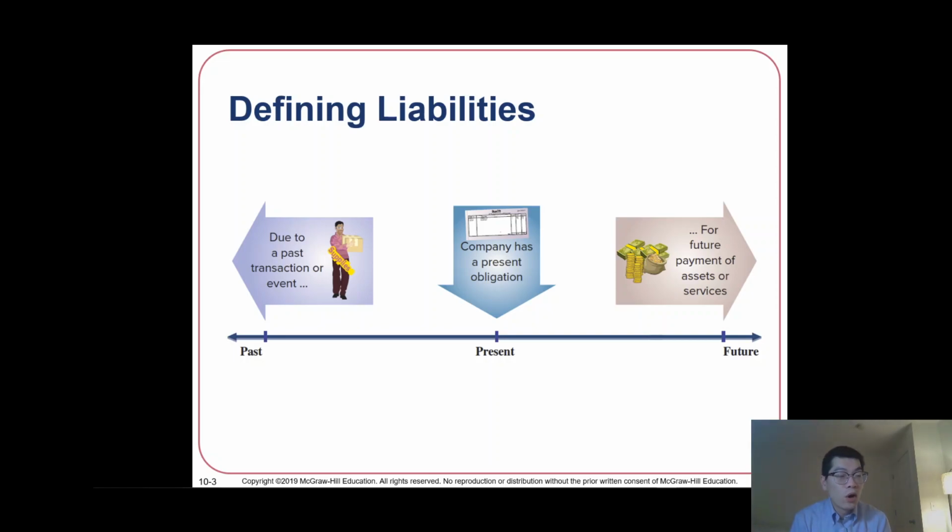Or we've done business for the past year and earned some operating income and have a positive bottom line, which is net income, and then we're going to pay some income taxes to the government, right? That is due to past events, the business operations. Now we owe some taxes to the IRS, and we're going to pay it later, probably 3 or 4 months later. Okay, so these are liabilities.